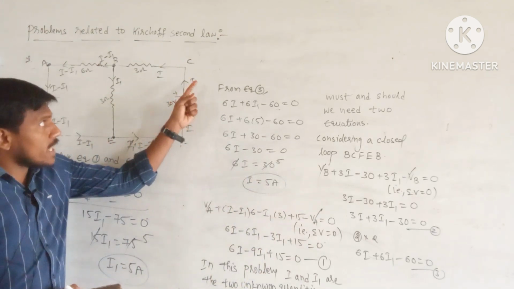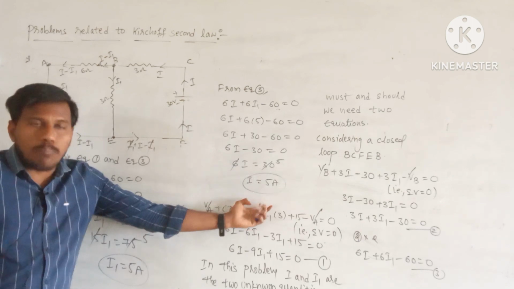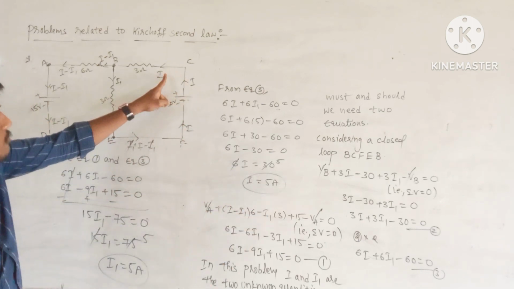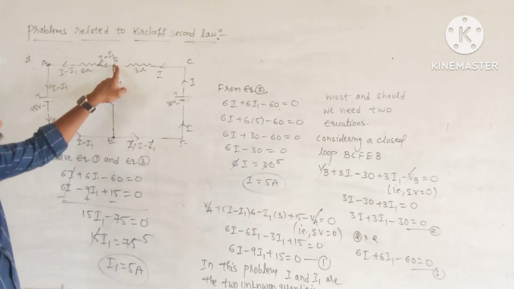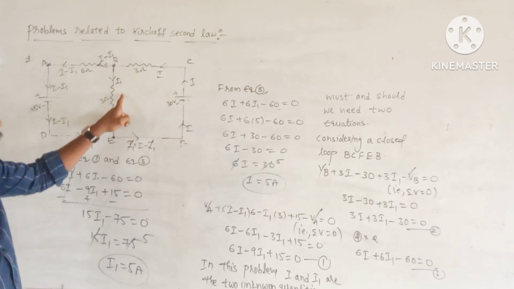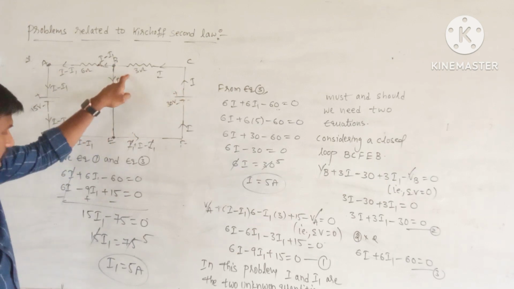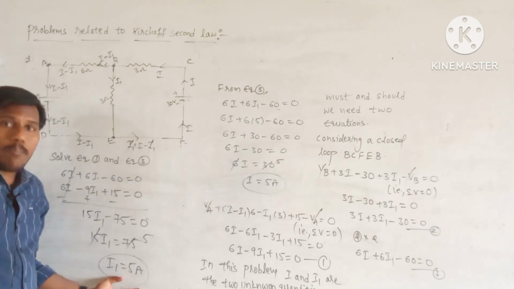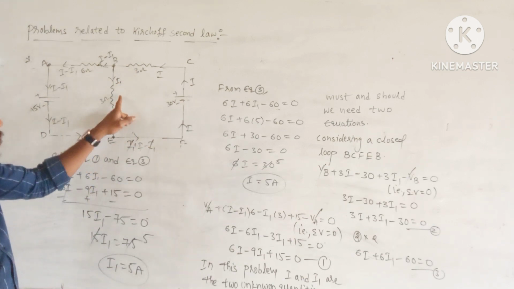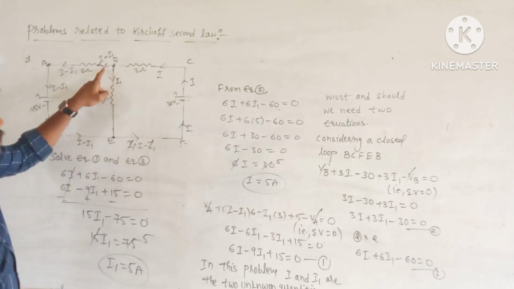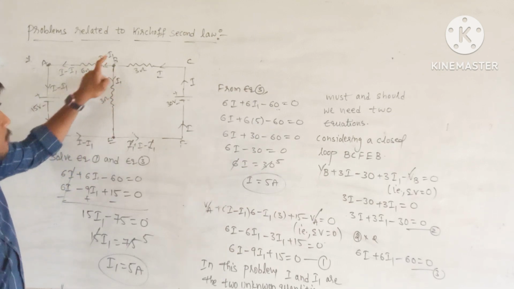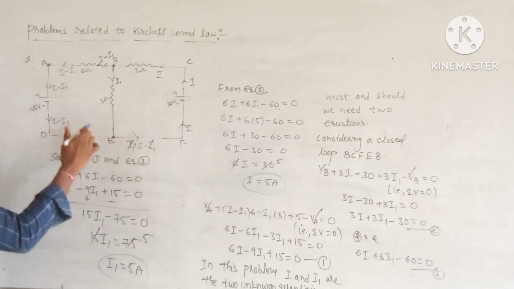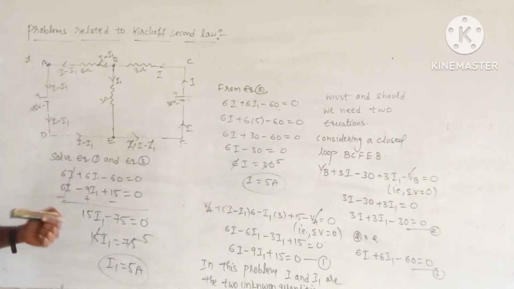How much current is coming from the 30 volt cell? 5 amperes. That 5 amperes current passes through the 3 ohm resistor. At point B, out of 5 amperes current, total 5 amperes passes through the 3 ohm resistor. So what is the remaining current passed through the 6 ohm resistor? 5 minus 5, 0.